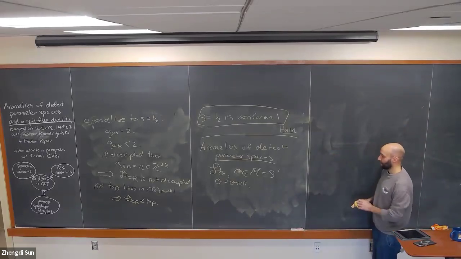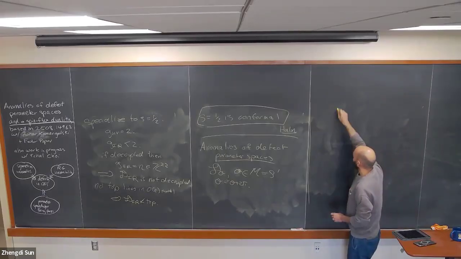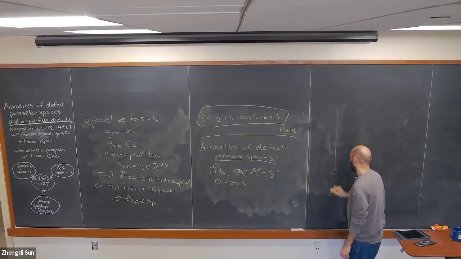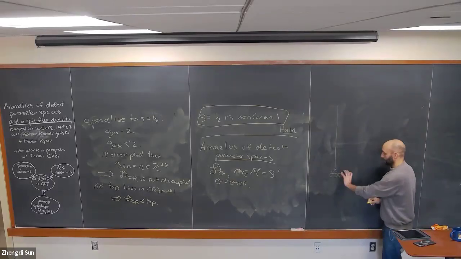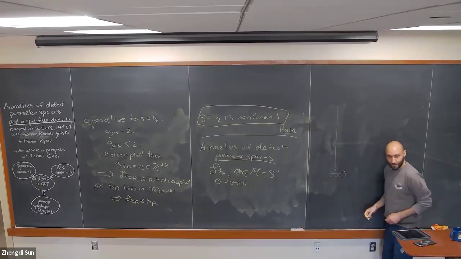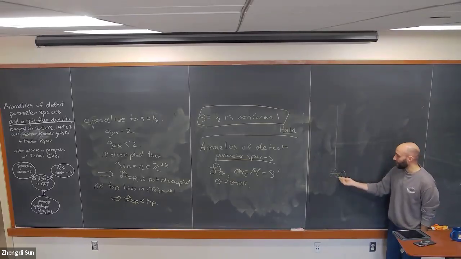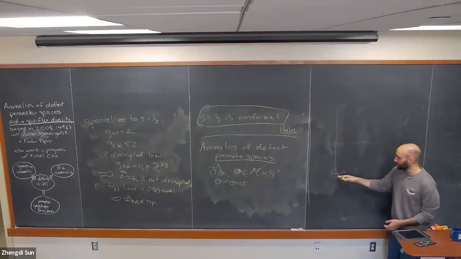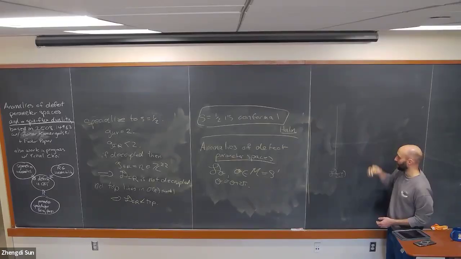So the basic idea is the following. We have our line defect, a family of line defects, but we're going to allow this parameter theta to vary as a function of time. We're going to give this theta parameter a profile along the line.